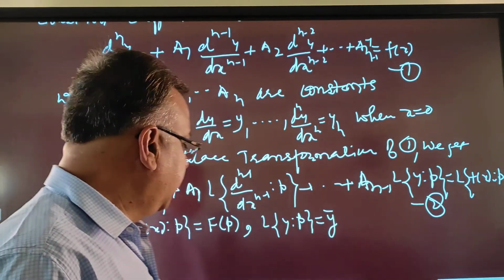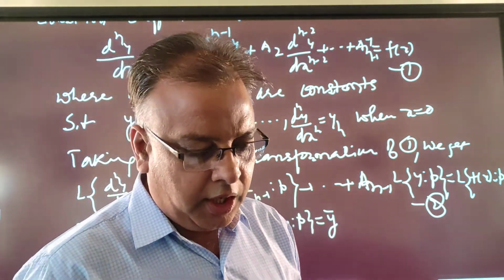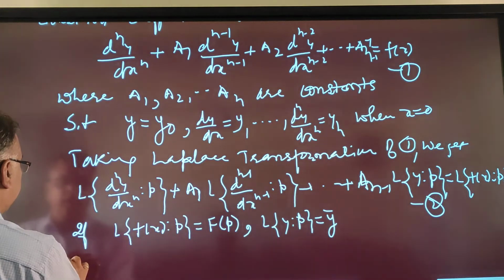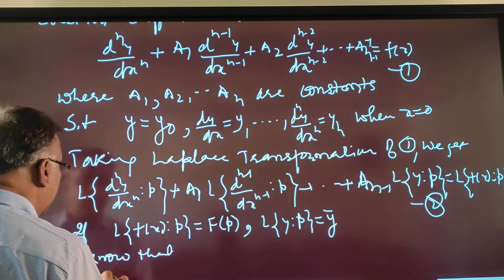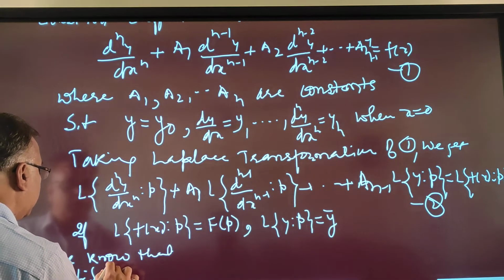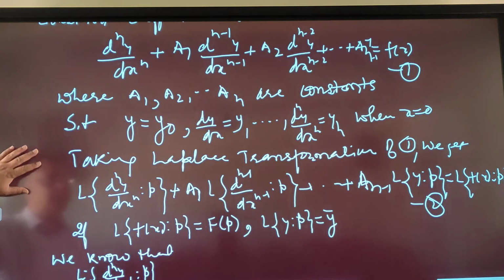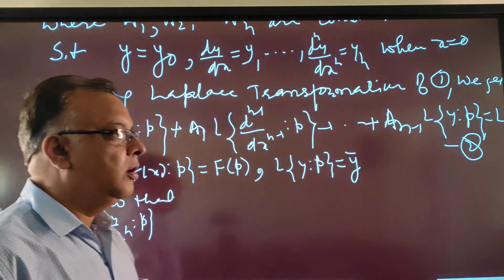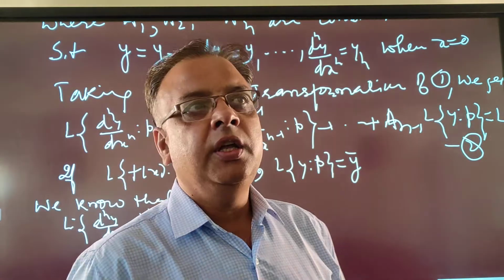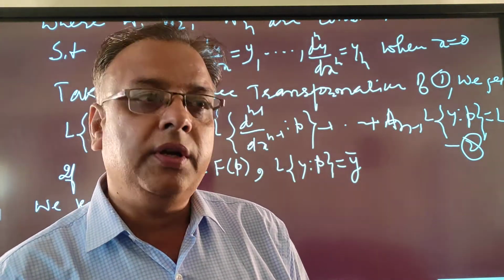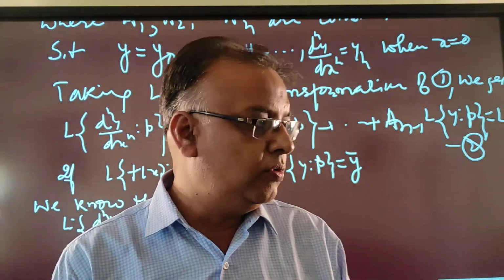We know that the Laplace transformation of d^n y upon dx^n is the Laplace transformation of the derivative of a function, which we have already studied. Here we have taken the Laplace transformation of y with respect to p as y bar.